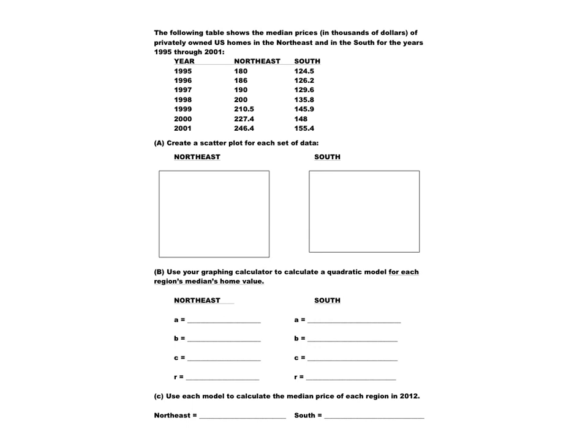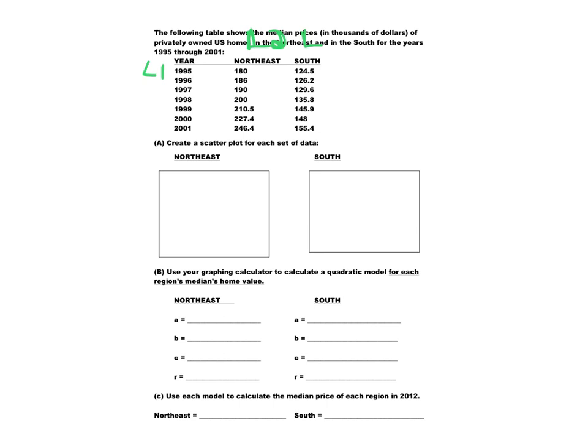The next problem, the following table shows the median price in thousands of dollars of privately owned U.S. homes in the Northeast and the South for the years 1995 to 2001. So here they give us the years, which we're going to enter into L1 of our calculator. They give you the median value of these homes for the Northeast, so that's going to be our list 2 data.